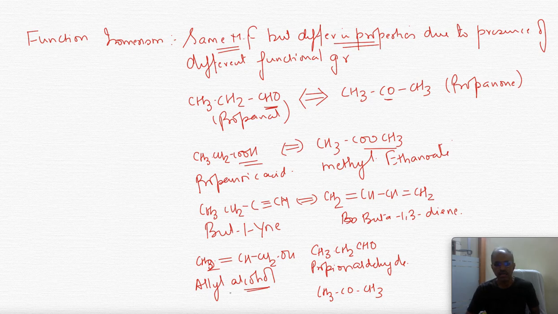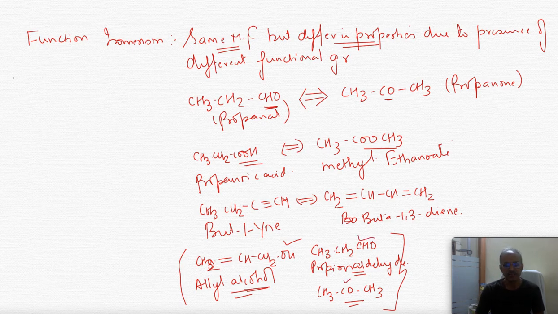So allyl alcohol, propionaldehyde and acetone have the same molecular formula but the functional group is changing: OH, aldehyde and ketone. Fine. We'll see some more examples.